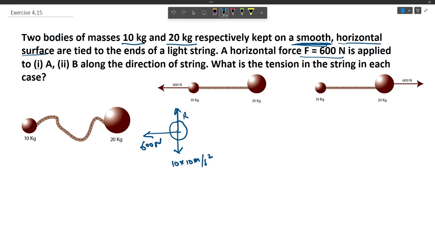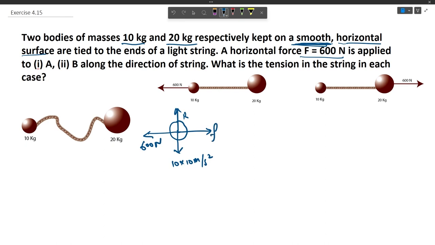Due to the application of this force of 600 Newton, this entire system would be in acceleration. So let us assume that the acceleration is in the direction of force, that is along the 600 Newton. So the inertia force would be acting in the opposite direction, of magnitude mass of the object multiplied by acceleration.